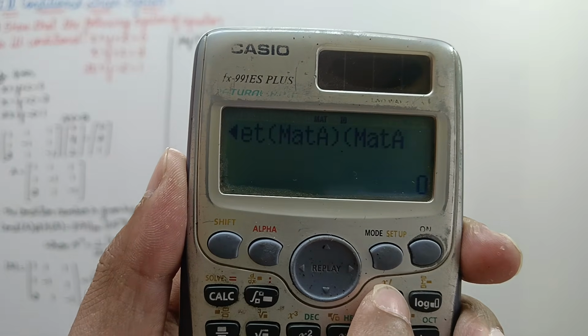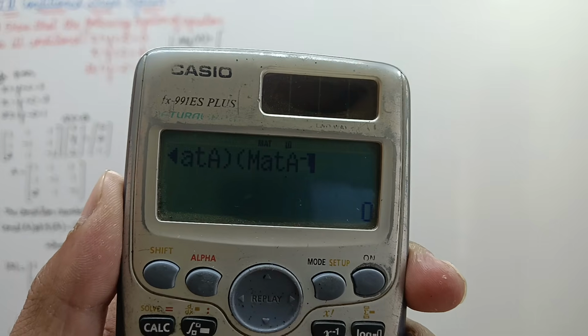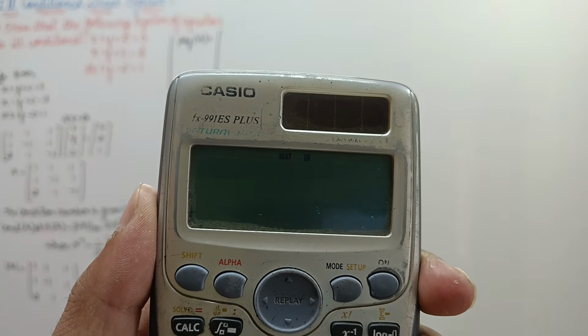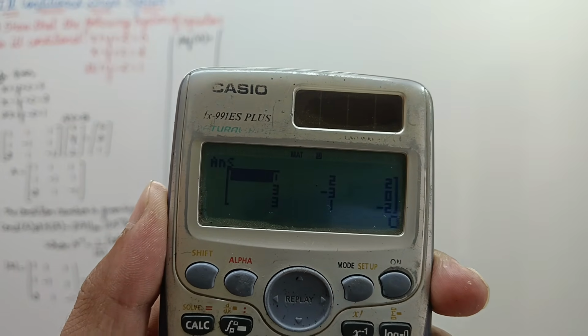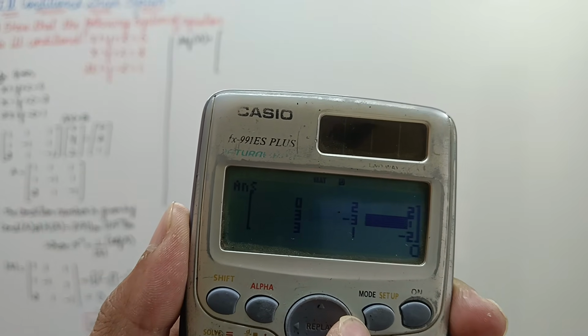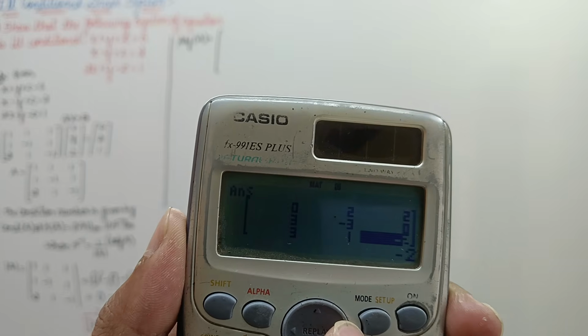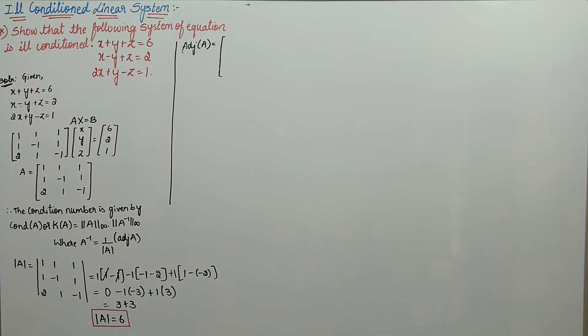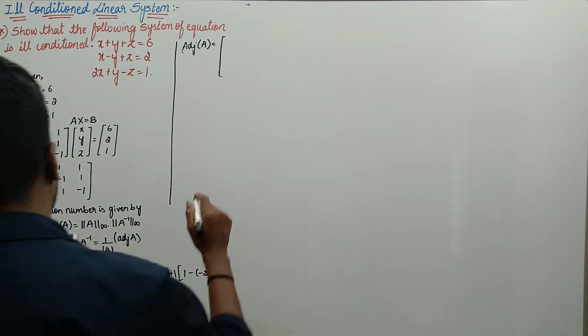If you press this one, you get the inverse. Now close the double bracket, you get the adjoint, that is 0 2 2, 3 minus 3 0, 3 1 minus 2. This is our adjoint.